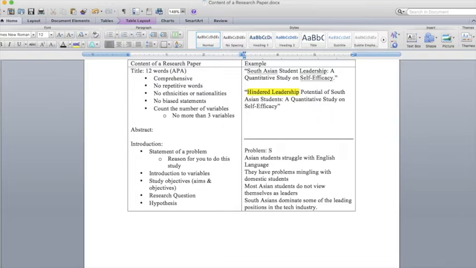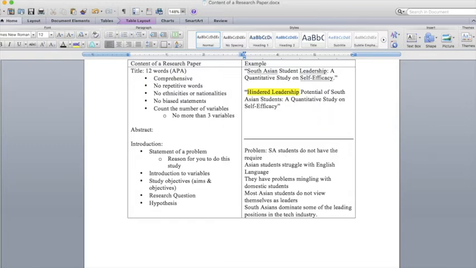So I am going to use the statement: South Asian students do not have the required self-efficacy to become leaders. Now, is this documented by someone else in legitimate research?